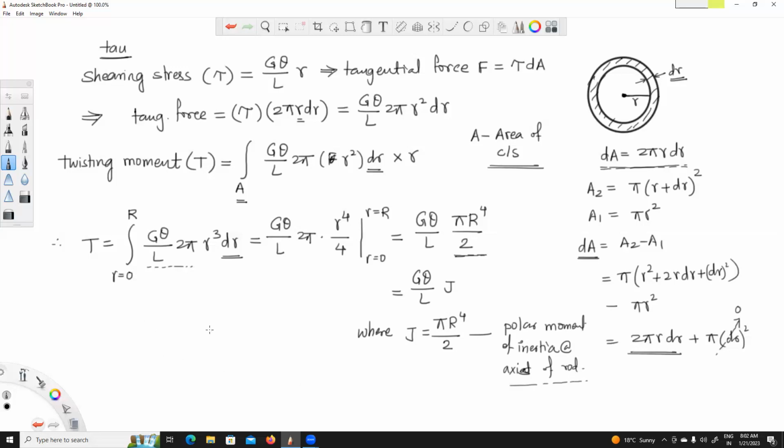So finally we have to relate these three terms here. I have got this relation.